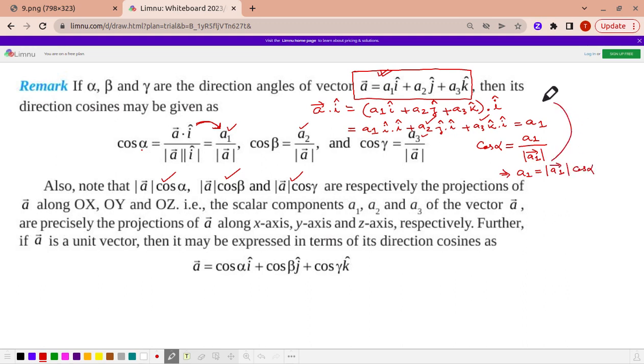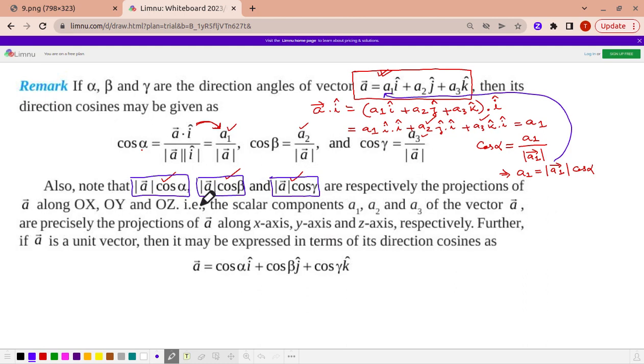So A1 is nothing but the projection of A along OX. Similarly, A2 will become mod A cos beta and A3 becomes mod A cos gamma.